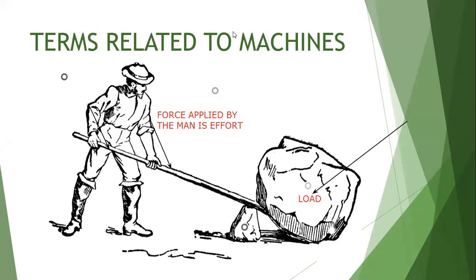Chalo, now in the third case, I want all of you to mention what is load. Just don't say the object, like the stone, is the load. No, the weight of the stone is the load. And the force applied by the man is the effort. We have to be more elaborate. We will say the force applied by the man is the effort rather than saying the man is the effort or the stick is the effort.